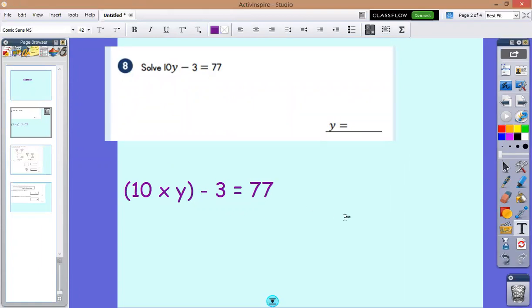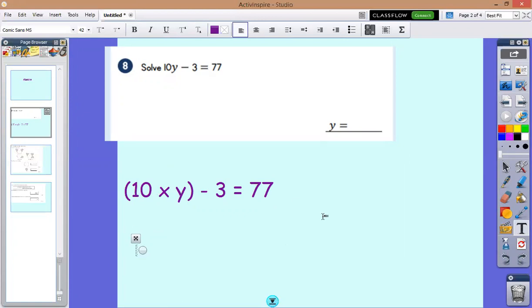If you had 2n plus 4 equals 10, the 2n means 2 times n. That's all that means.